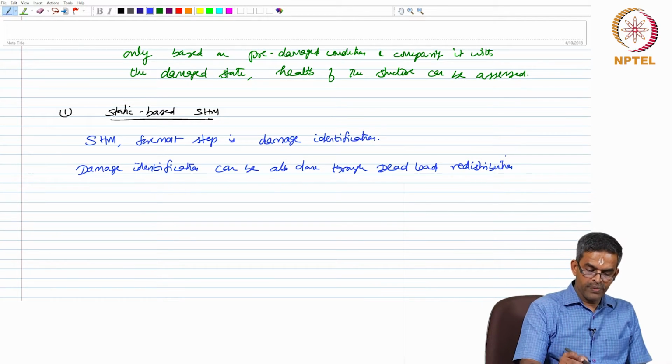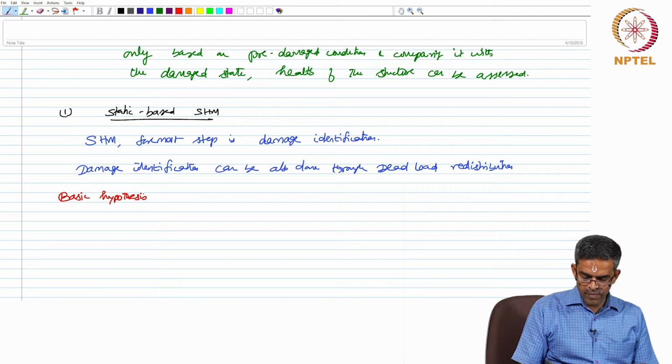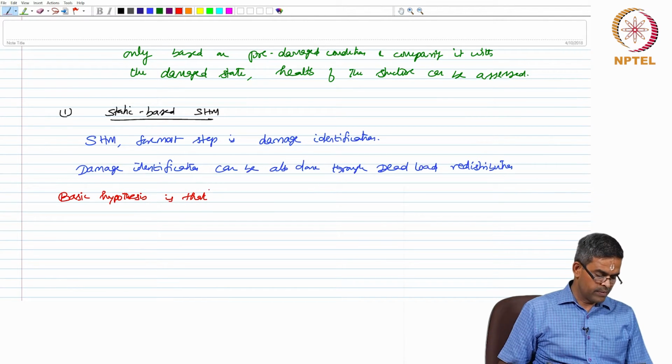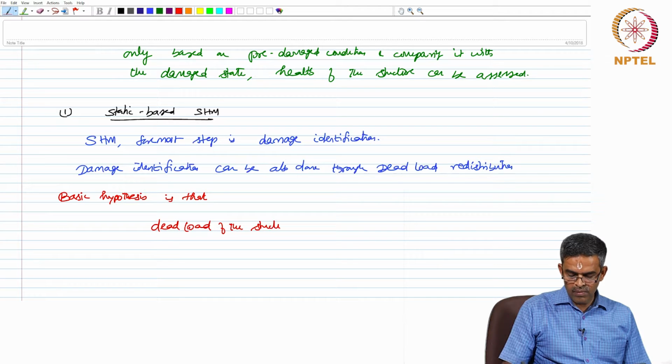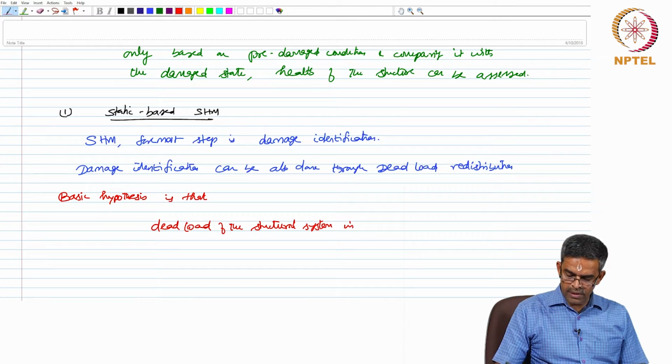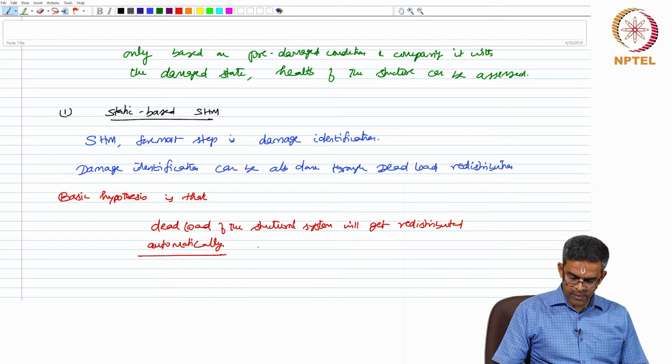Let us see how. The basic hypothesis behind this statement is that dead load of the structural system will get redistributed automatically when damage occurs in the system.